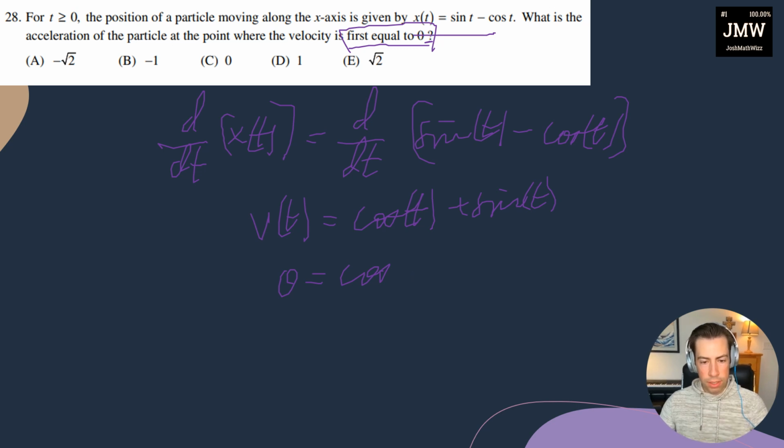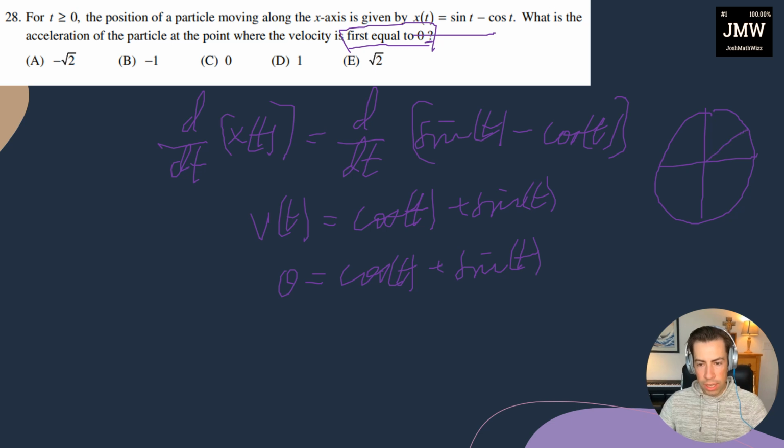Now the key here is to recognize that I need some value of t that will give me basically the same value of cosine and sine, but with differing signs so that they cancel out. If you'll recall the unit circle, I'll just go ahead and draw it out here again.